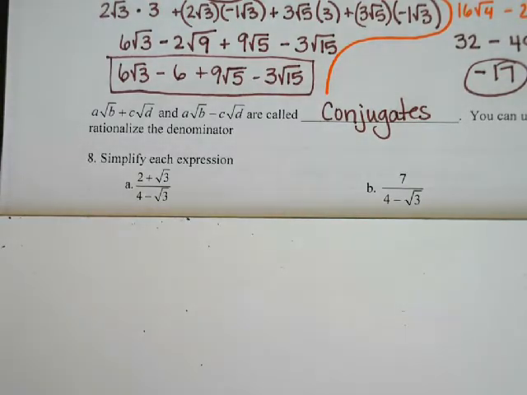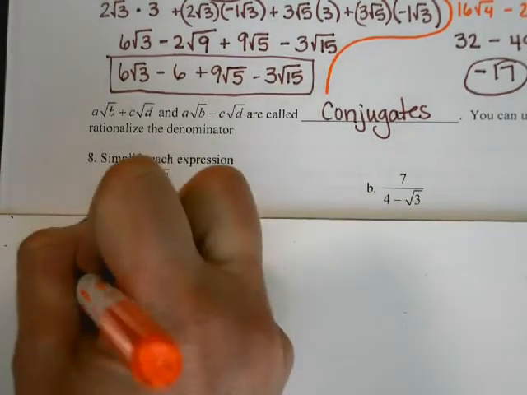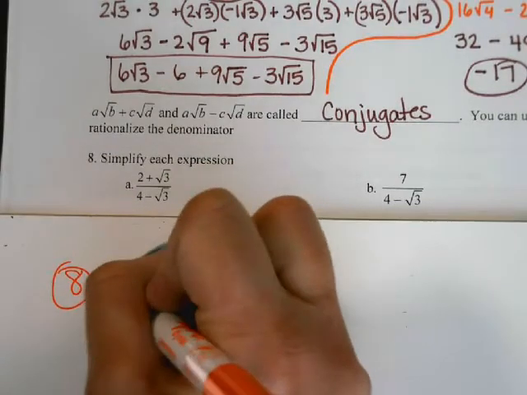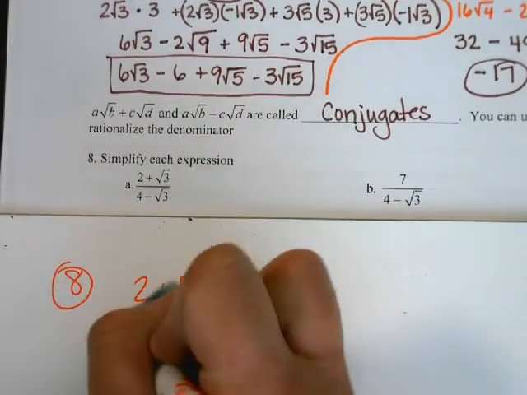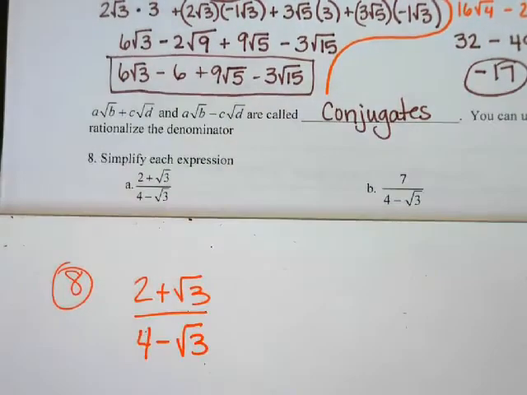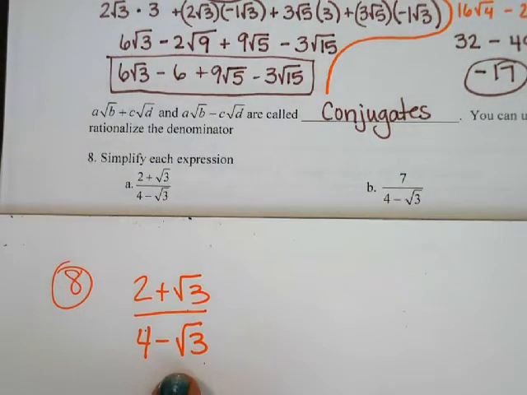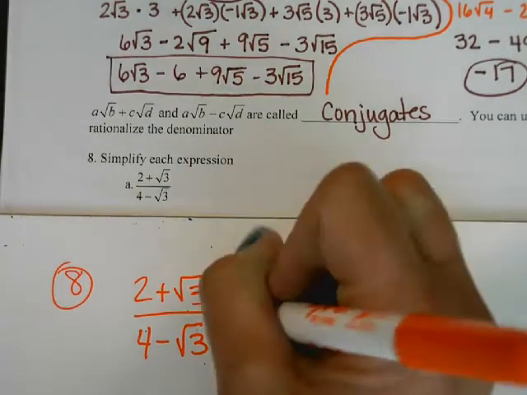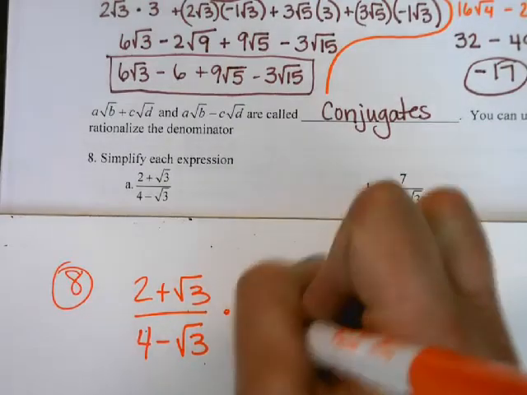It gets rid of radicals. So if I look here, we have a radical in our denominator, right? This has two terms. When we did it on the other side, we just multiplied by a root 3, right? Well, watch what happens if I were to multiply by a root 3.